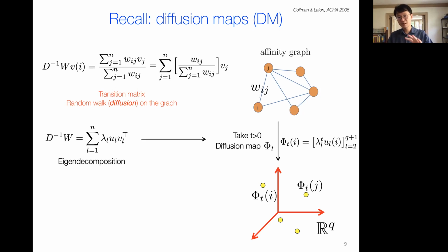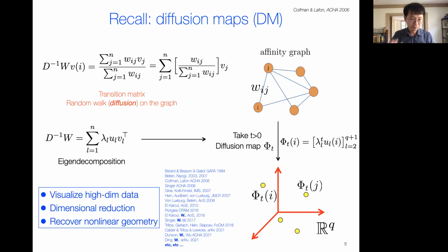So you convert a set of point clouds into another set of point clouds, but now in two-dimensional Euclidean space.